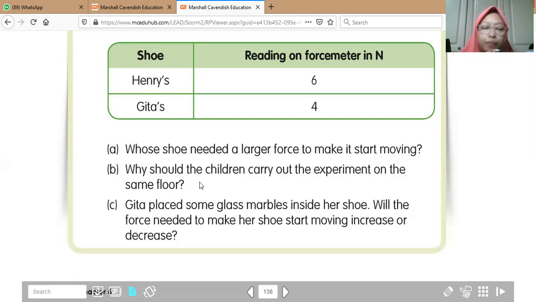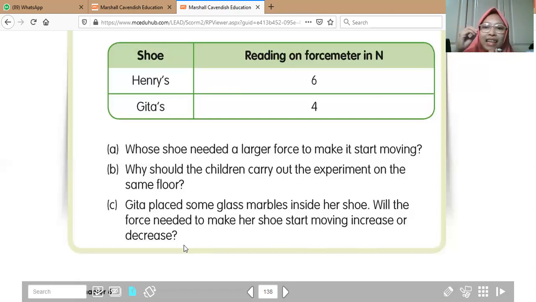And part C: Gita placed some glass marbles inside her shoe. Dia menambahkan glass marble inside her shoe. What happened? Will the force needed to make her shoe start moving increase or decrease?